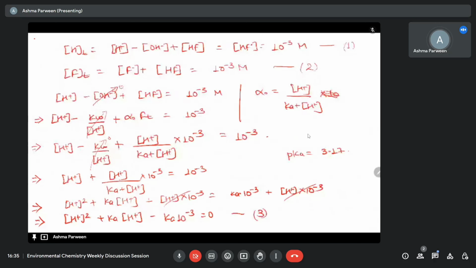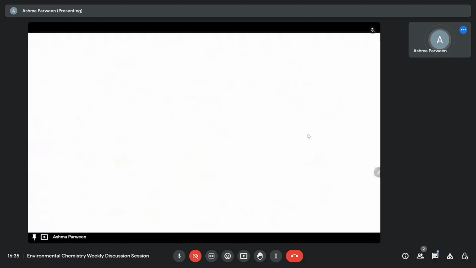After solving this we will get the final value of H plus as 5.5 into 10 raised to the power minus 4, and pH will be equal to minus log concentration of H plus, which is 3.259.